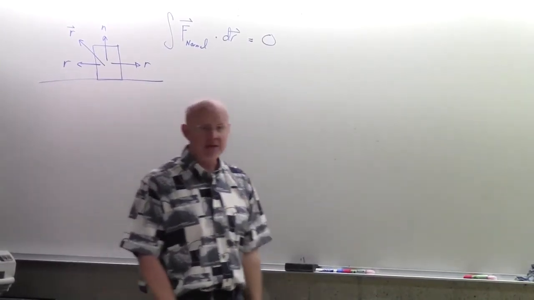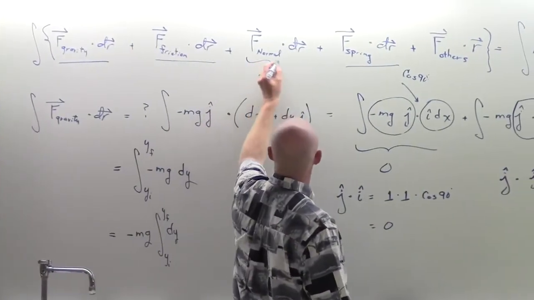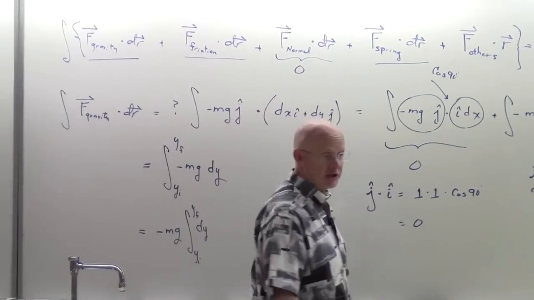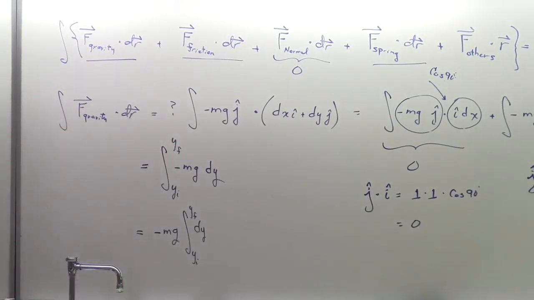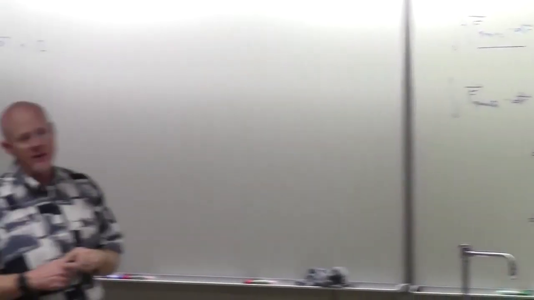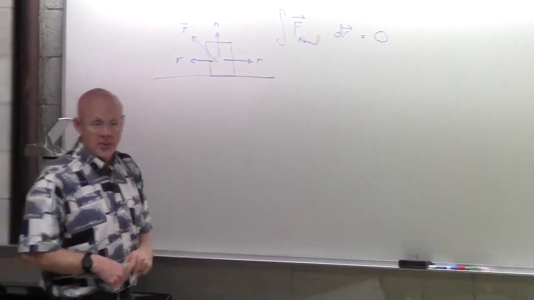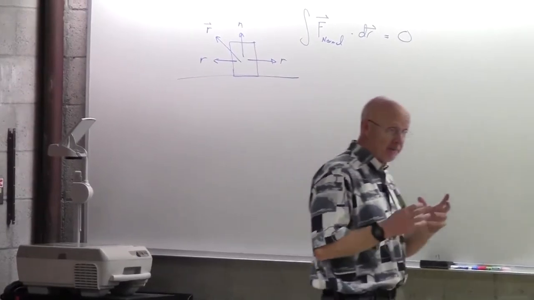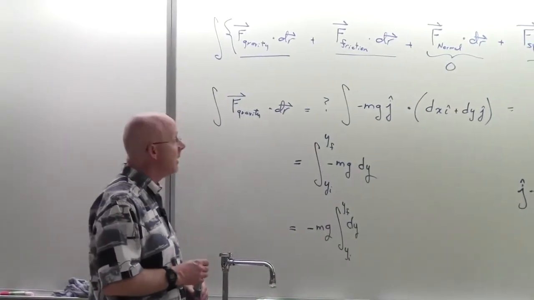So that's probably the easiest one. And it's probably why your author doesn't even include it when you watch his derivation. He doesn't even say, hey, let's look at the normal force. I think in the words of the textbook, he just says, oh yeah, the work done by the normal force is 0, and then he moves on. But one of you said I should put all the forces up there, and one of you said the normal force, so I wanted to make sure I included everything you said.